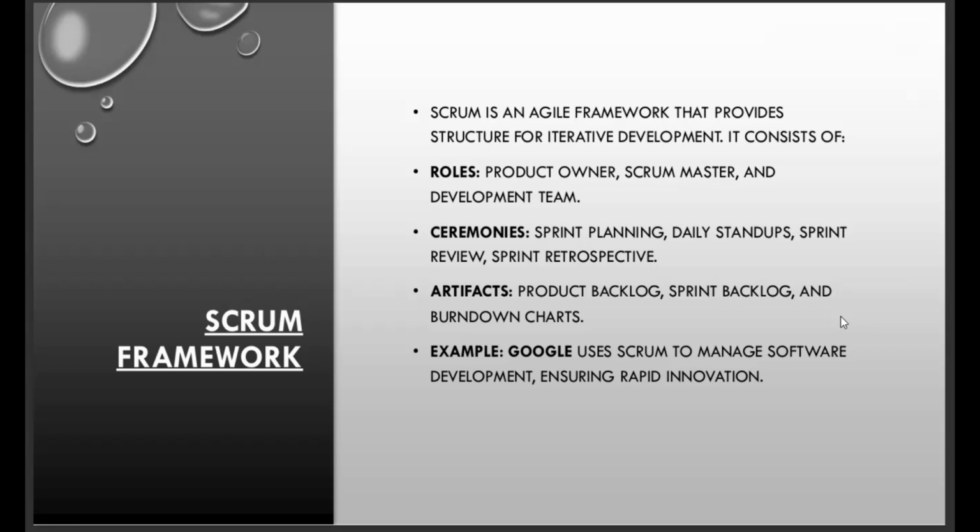For the ceremonies, Scrum has the sprint planning meeting, daily stand-ups, sprint review meetings, and sprint retrospective meetings. Now, these meetings are basically targeted towards ensuring that the Scrum iterative process remains agile, that the team members are able to plan, and able to check on a daily basis what is going on as we are delivering.